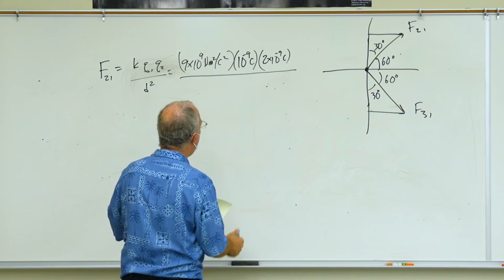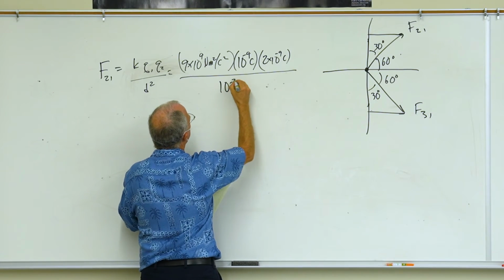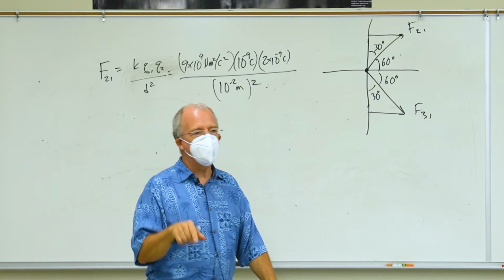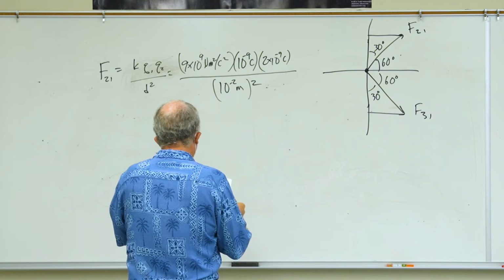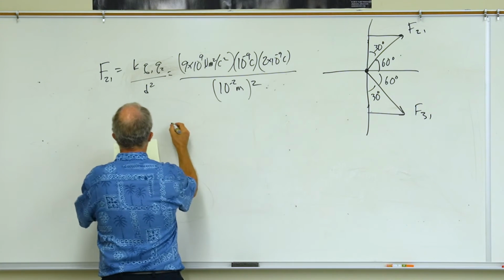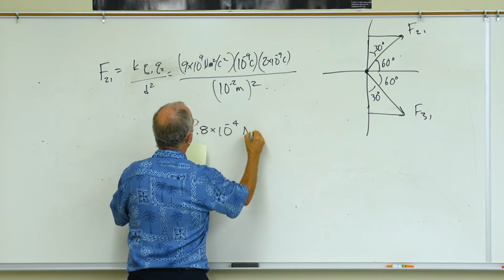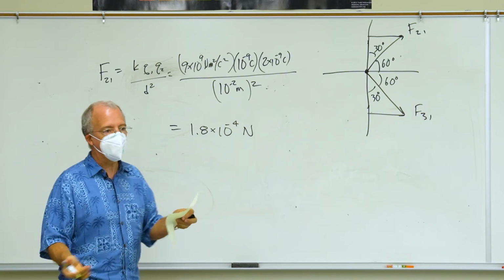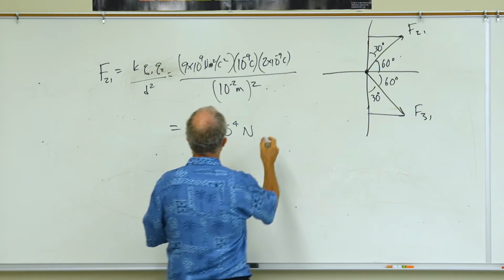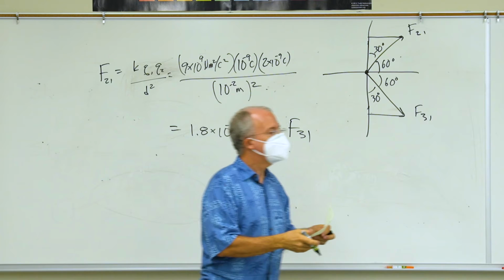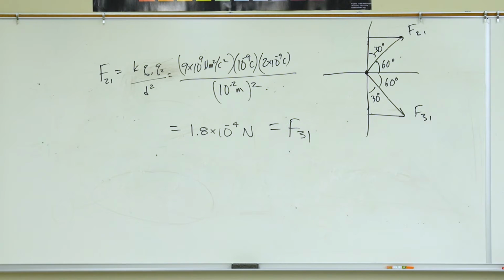Centimeters, don't forget to convert. Remember that, everybody? Because we're using meters. So that comes out to be 1.8 times 10 to the minus 4 newtons. Again, it's just magnitude. And isn't that the same as F31? Yeah, right? Because they're the same charge magnitude and the same distance.